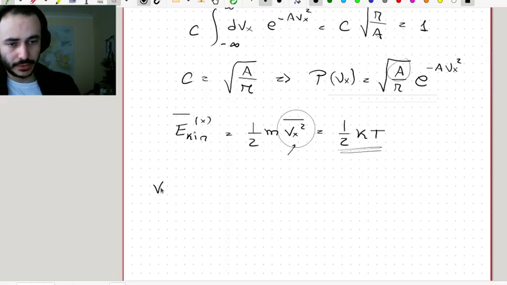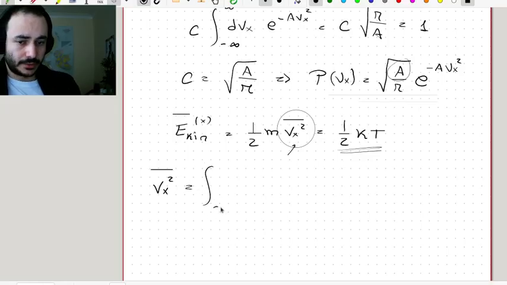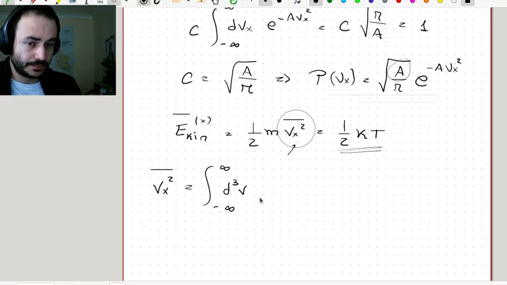Fine. So the average of vx squared is the integral from minus infinity to plus infinity of actually everything, so that would be vx, vy, and vz, all of these Cartesian coordinates for the velocity.